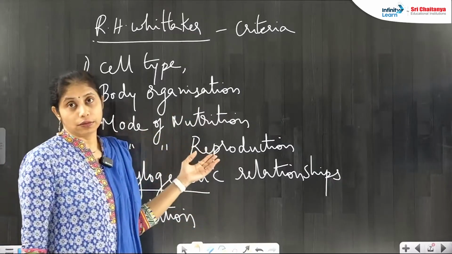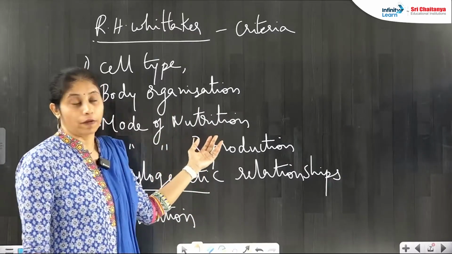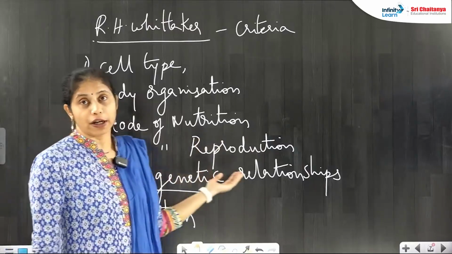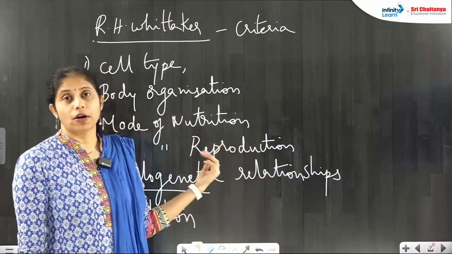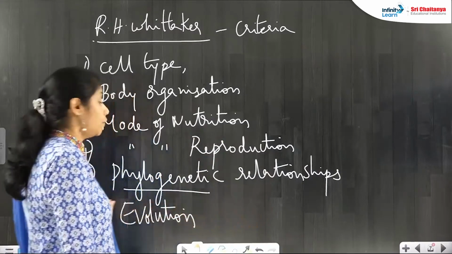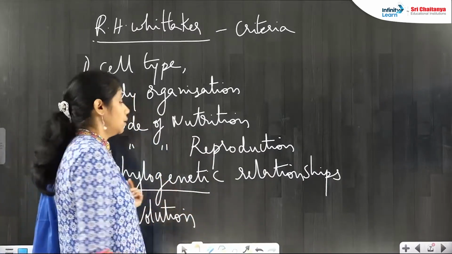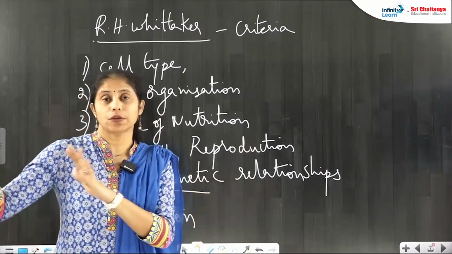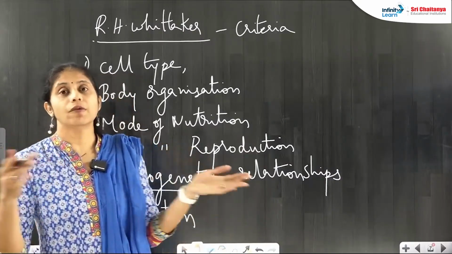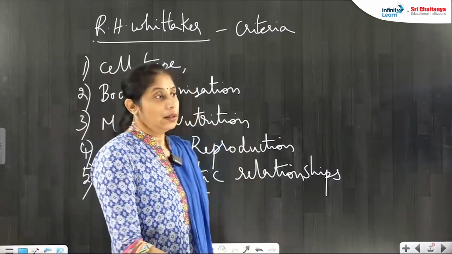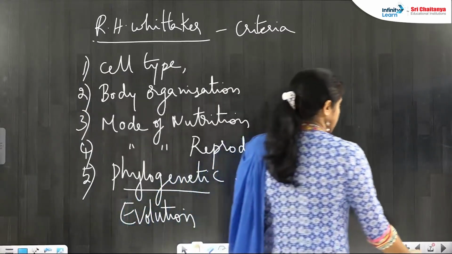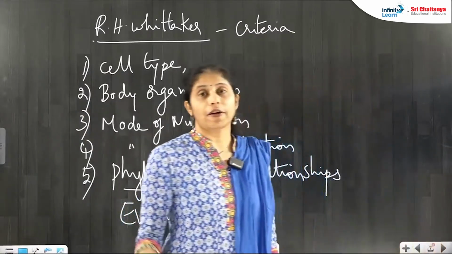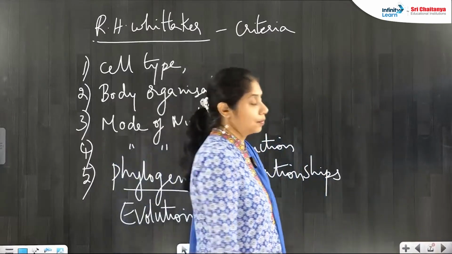Mode of nutrition, whether it is autotrophic or heterotrophic. Mode of reproduction, whether it shows only asexual reproduction or sexual reproduction, and what that kind of reproduction is named. Phylogenetic relationship: which are the first ones, which are the last ones, and in between, what are the kingdoms that are present. These are the points considered by R.H. Whittaker for giving the five kingdom system of classification.